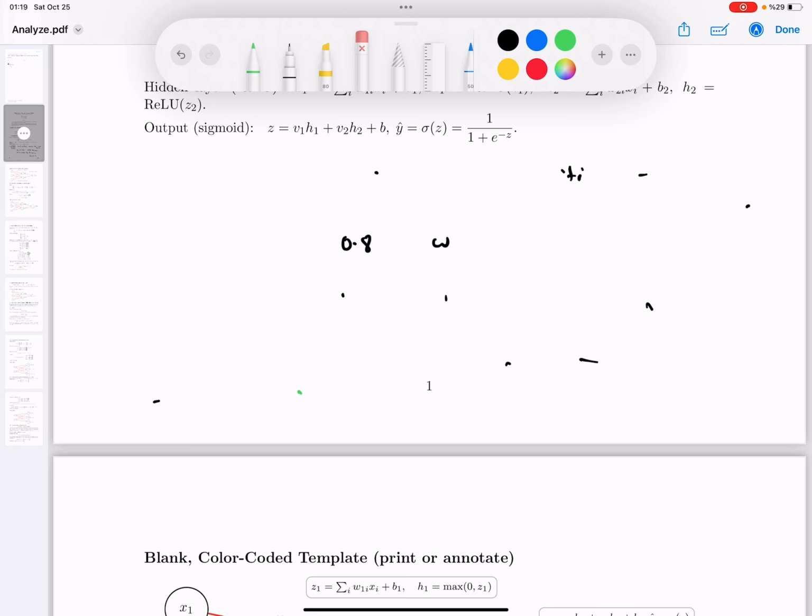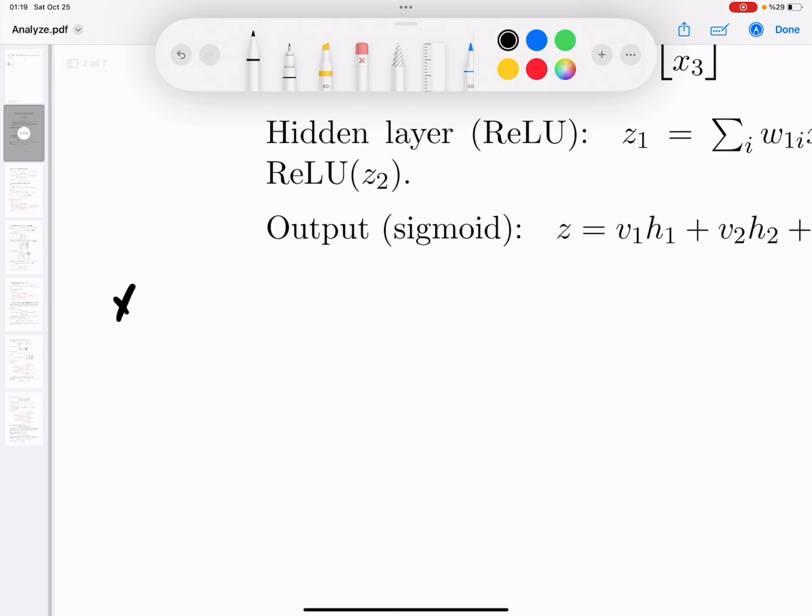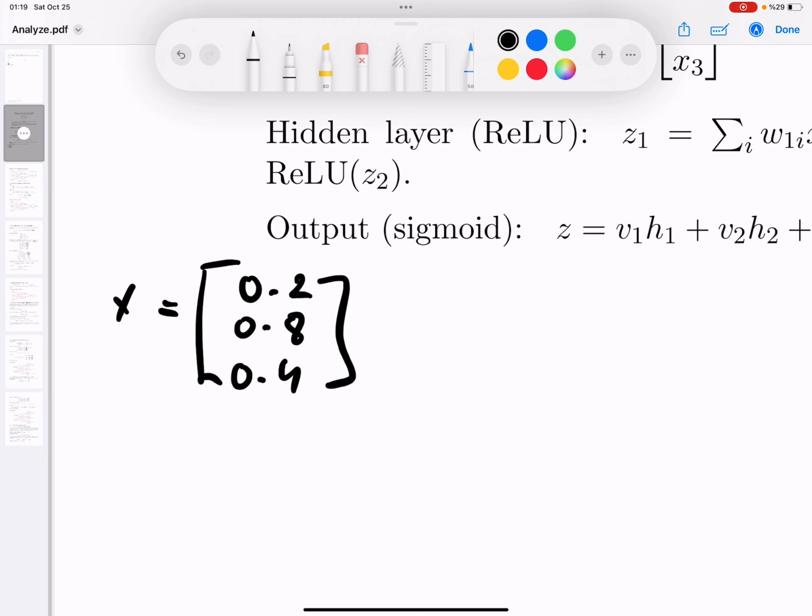I want to also show you the numerical steps behind it. Let's say x, and we have hidden weights.